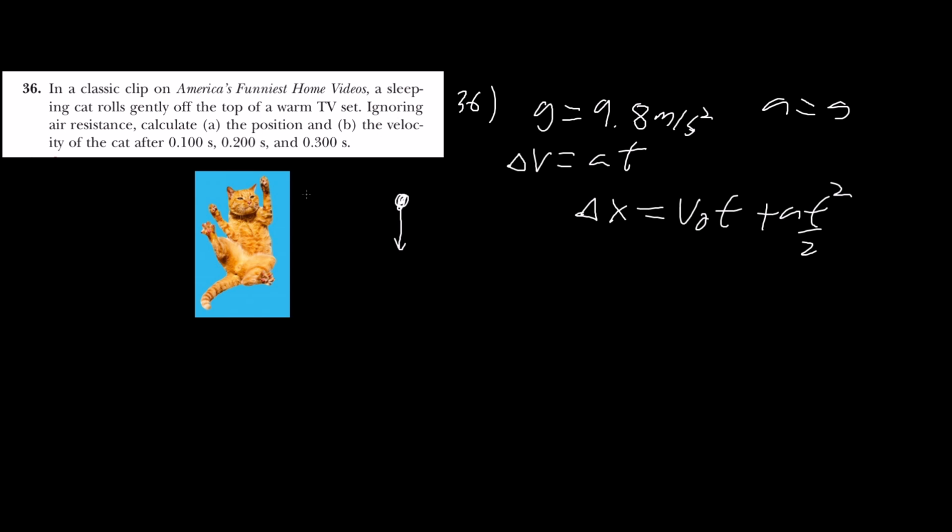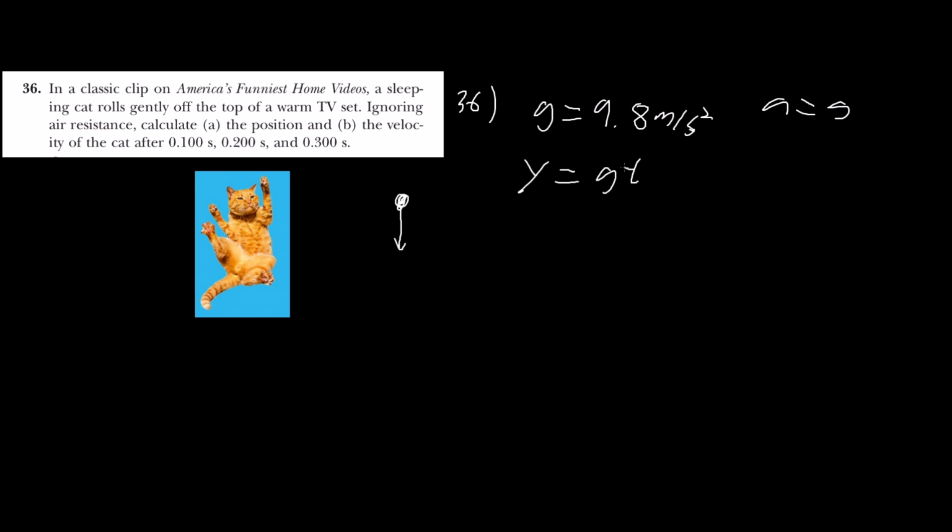So in other words, let's set up those two equations, two unknowns. The position, I'm going to call down positive. Generally, I would normally call down negative, but I'm going to call it positive. So in this case, the height that it travels downward is going to be some initial velocity, well, not if it falls, so which is 0 meters per second, some initial position, which you can just call 0, plus gt squared over 2.